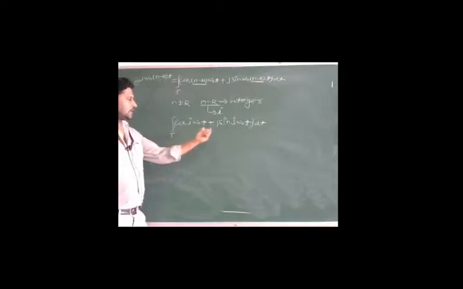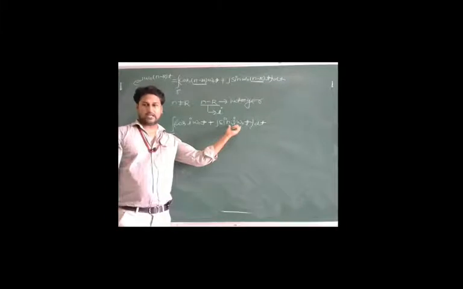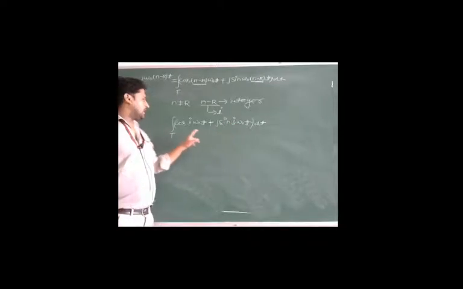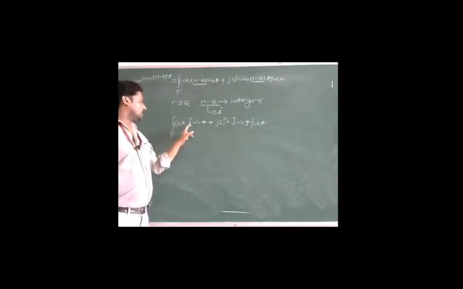Now if we integrate a cosine function over one time period and a sine function over one time period, both will give a value equal to 0. Integration of cos of an integer times omega naught t for one time period will be 0.